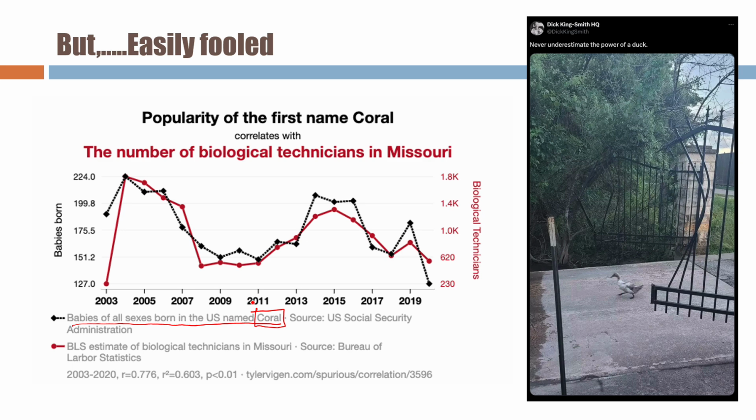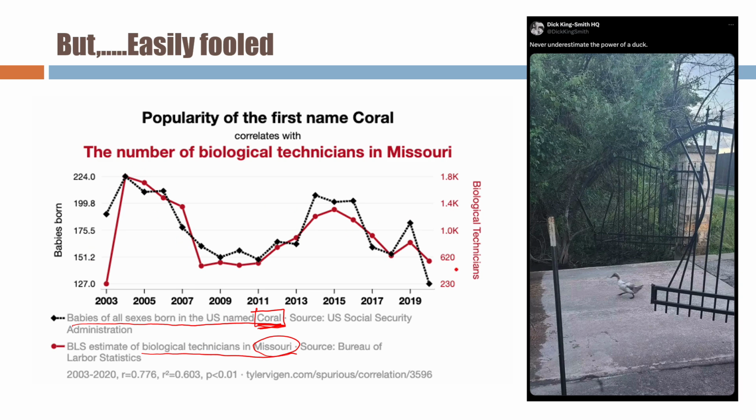You count how many babies were born in a specific year, and how many of them were named Coral. That's the black chart. The red chart is the number of biological technicians in Missouri. Missouri is one of the states in the U.S.